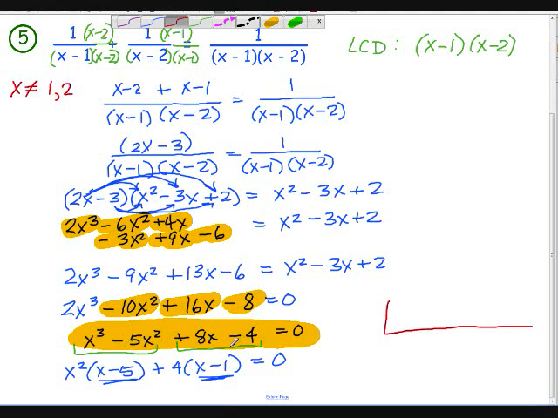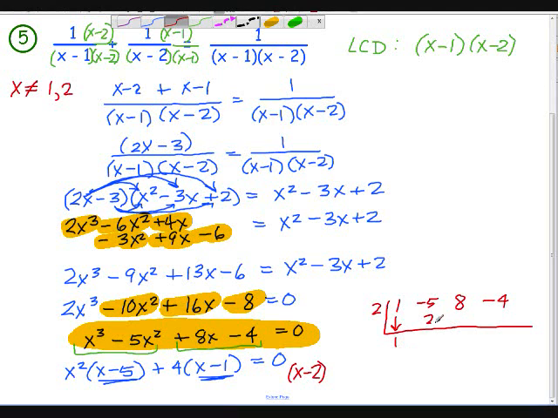I'm thinking I might be able to factor this with x minus 2. So I'm going to try synthetic division, and that would be a 1, a negative 5, a positive 8, and a negative 4. We'll just see if we can get something even coming out of this.